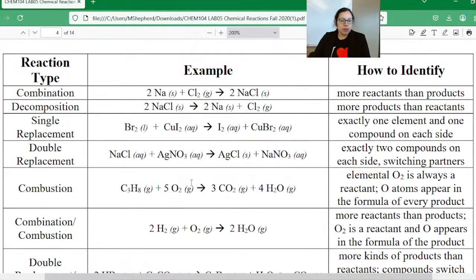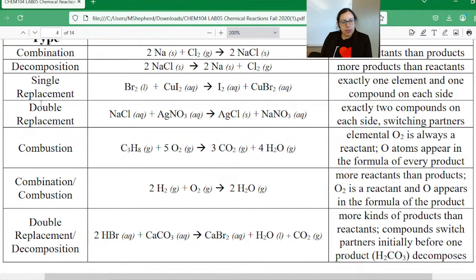Then if we look at what's not a redox, these double replacement reactions usually are never redox reactions. For the double replacement, you're just swapping your cation partners, and that's really driven by precipitation, so not redox. Or in the case of this one down here, the double replacement decomposition, where formally they balance out, so you make H2CO3, but then that would decompose to give you water and CO2.